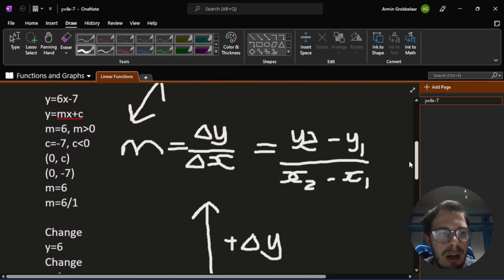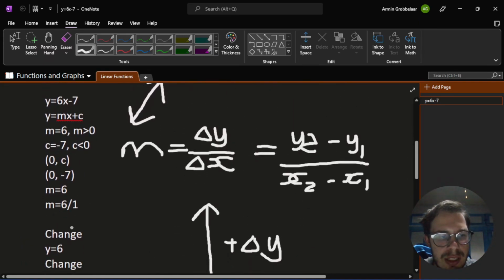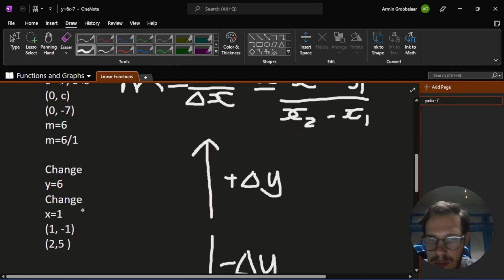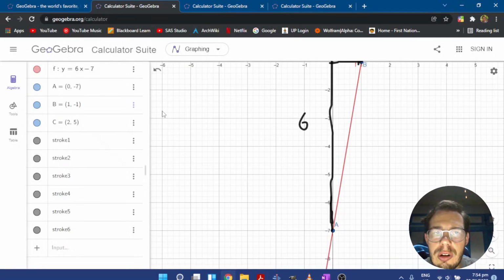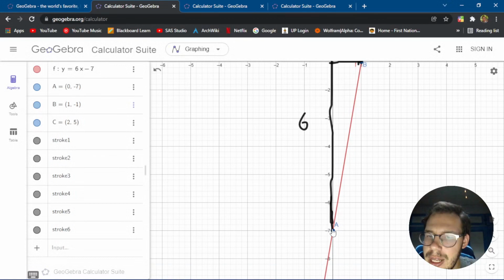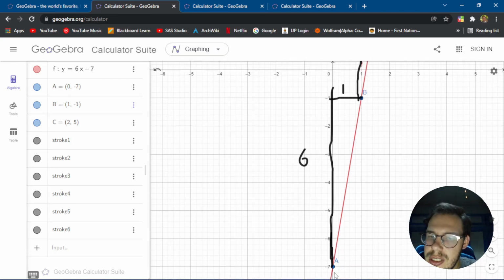So here above, the change in y is 6 and the change in x is positive, so we'll move up and to the right. So in this graph here, you see we begin at the point (0, minus 7). Now because the change in y is positive and it's equal to 6, we move 6 points up to minus 1.